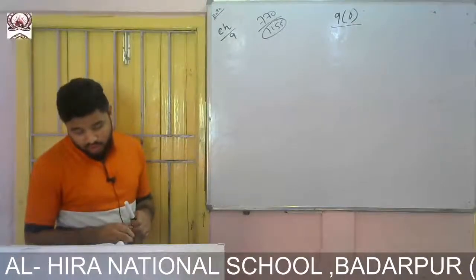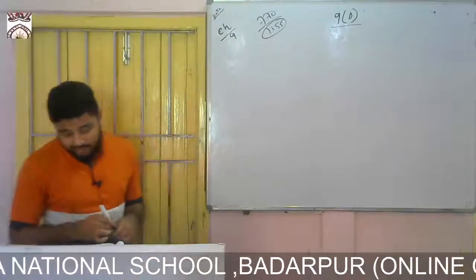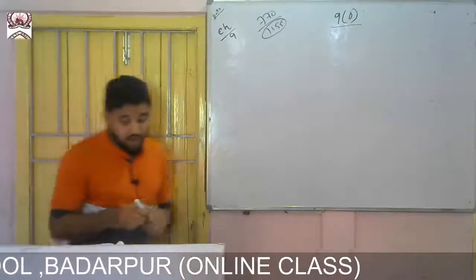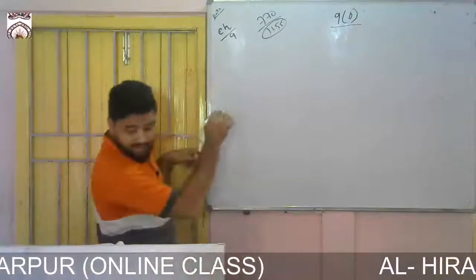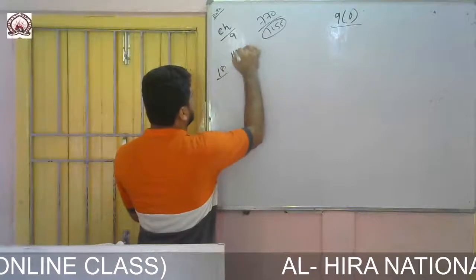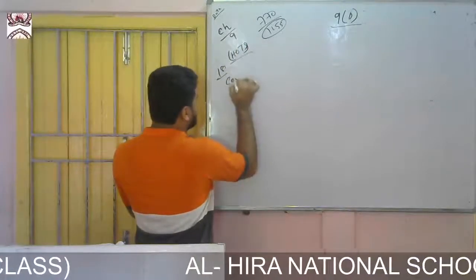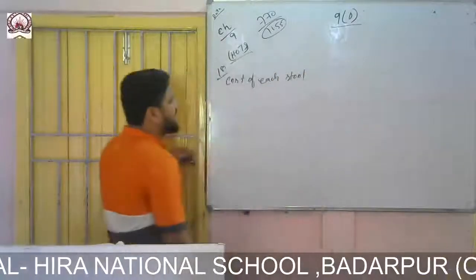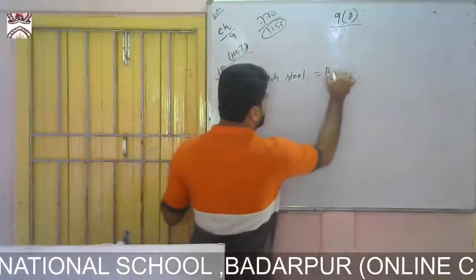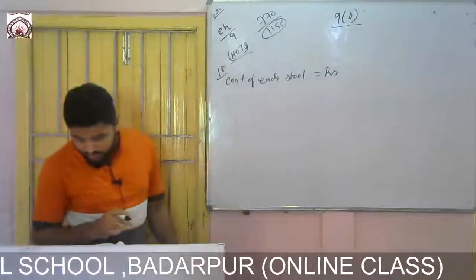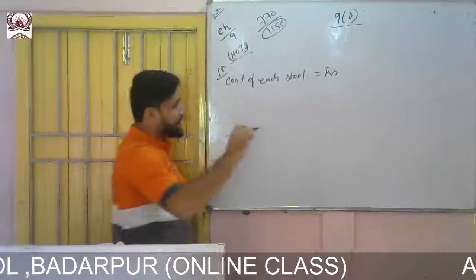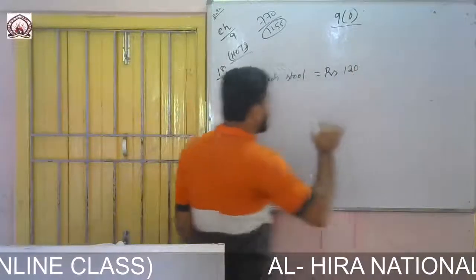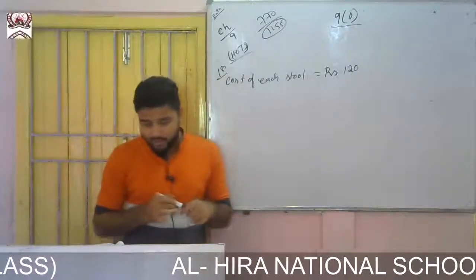Cost of each stool equals what? Sanjay purchased 125 stools at the rate of rupees 120 per stool. So the cost of each stool is rupees 120.